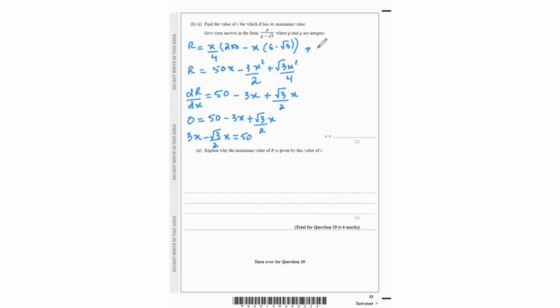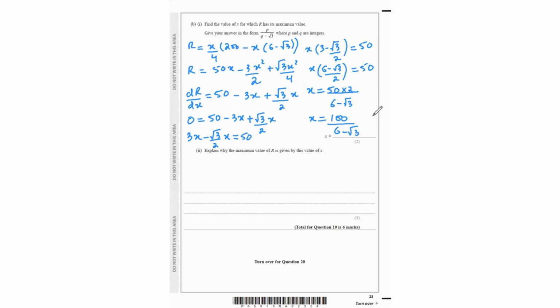Now we take x common, so x bracket 3 minus root 3 over 2 equals 50. x bracket 6 minus root 3 over 2 equals 50. x equals 50 times 2 divided by 6 minus root 3, and that gives us 100 over 6 minus root 3. That's how you find the value of x.